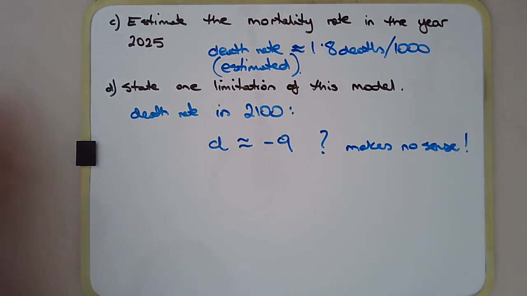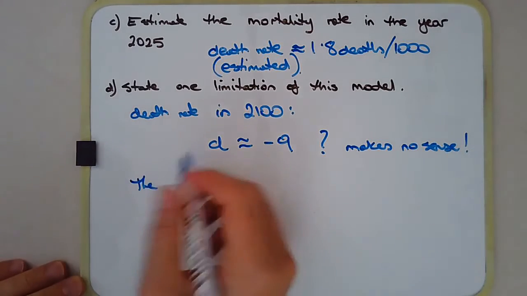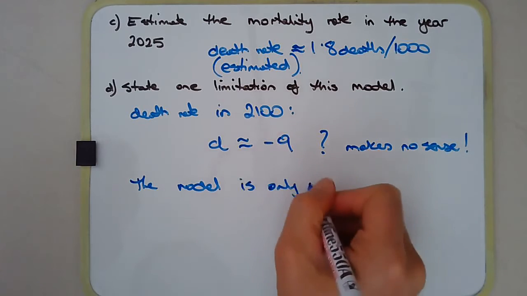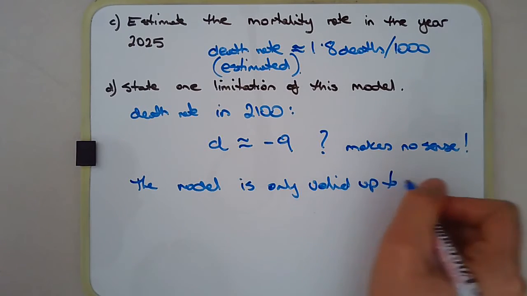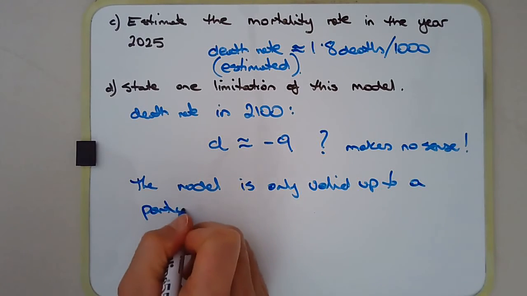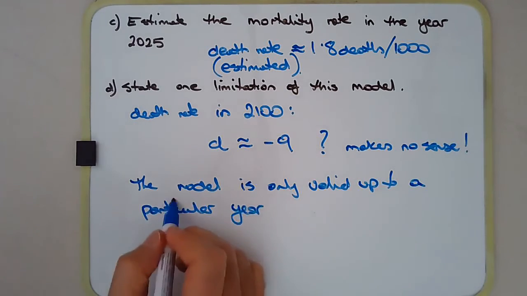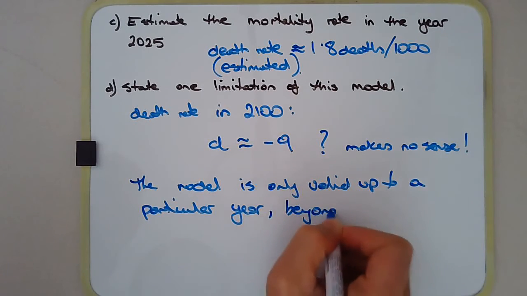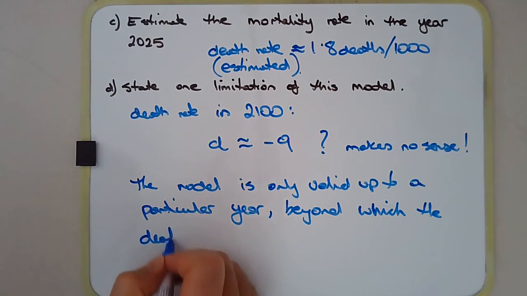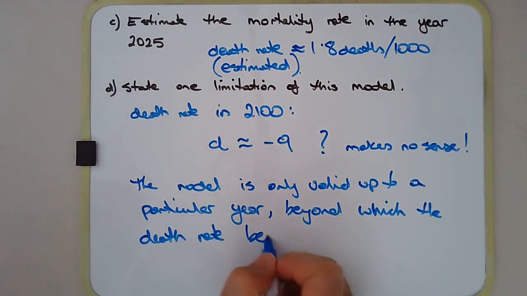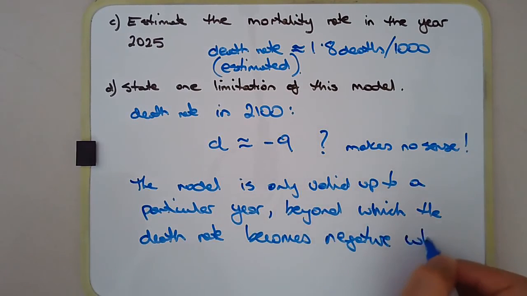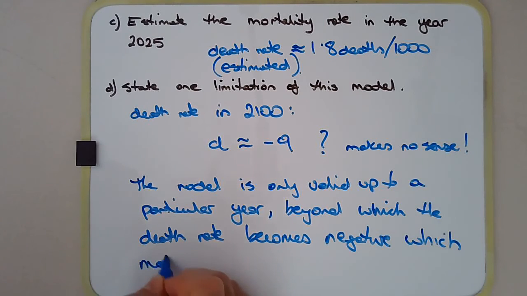So what we should say is that the model is only valid up to a particular year, beyond which the death rate becomes negative, which makes no sense.